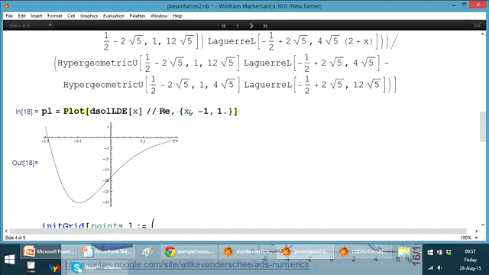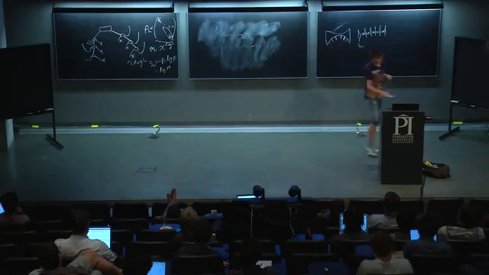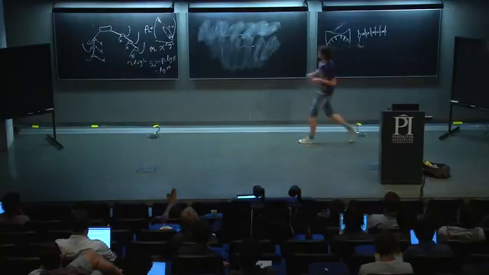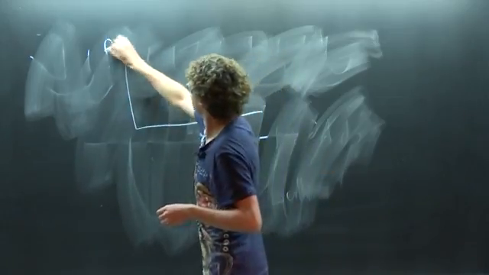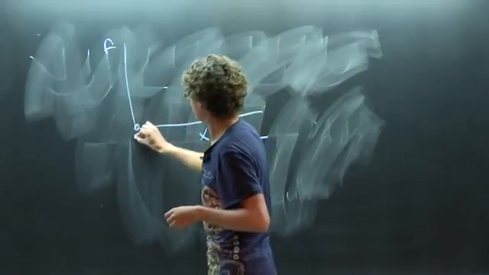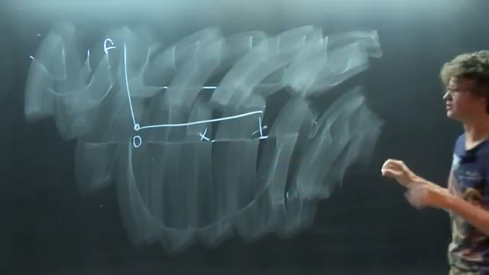So the idea behind spectral methods, maybe I should draw it on the backboard a little bit. The idea is basically that you expand your function. So you have x and your function here, and in this case it went from minus 1 to 1, but let's just do it from 0 to 1.